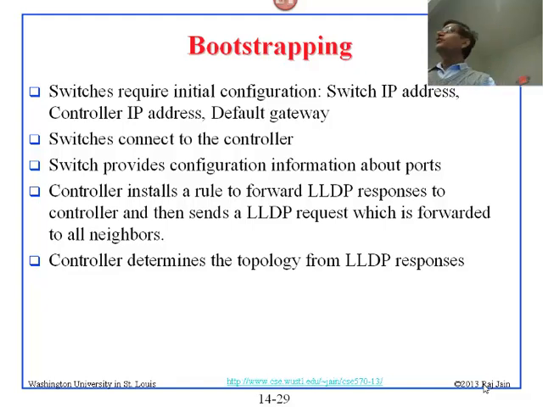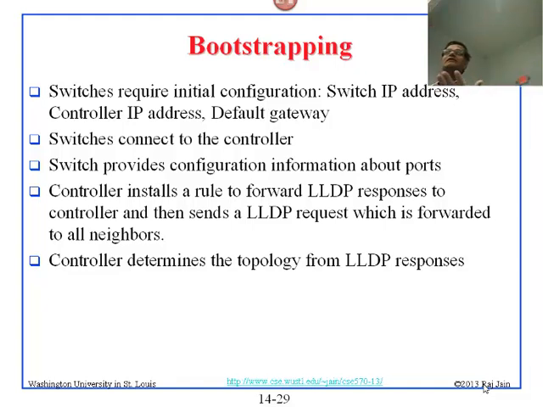So there will be one rule installed that says if you get an LLDP response, it should be sent to the controller. And then the next message says, please send an LLDP request to all ports. So it sends the LLDP request to all ports. The messages come in, it does the matching, and the matching says send it to the controller.